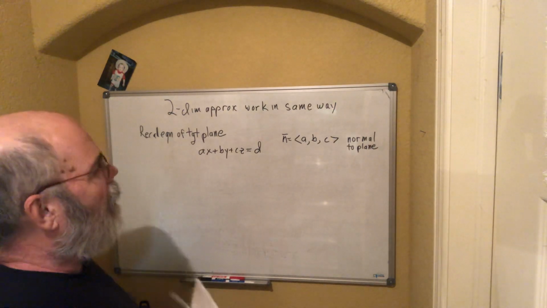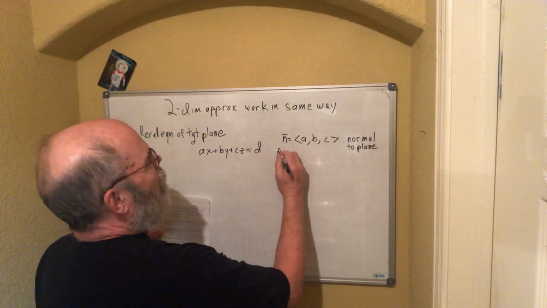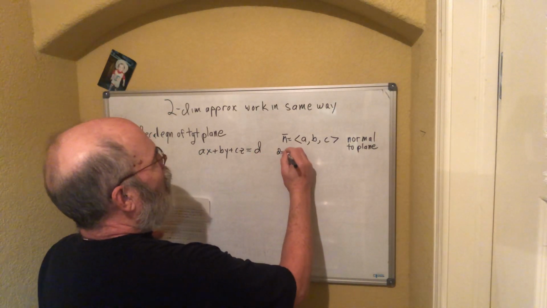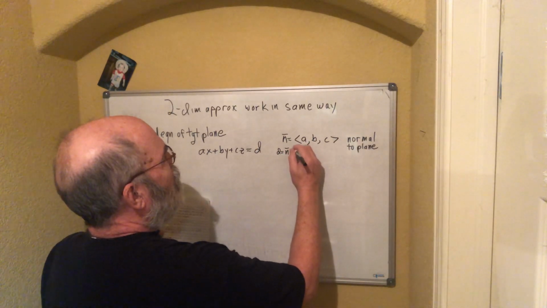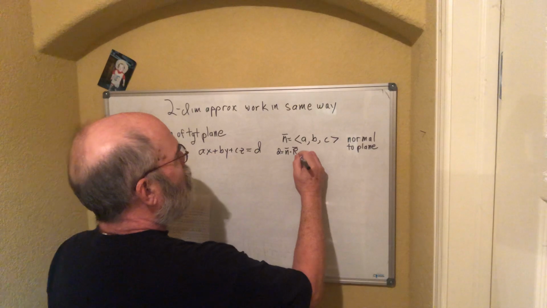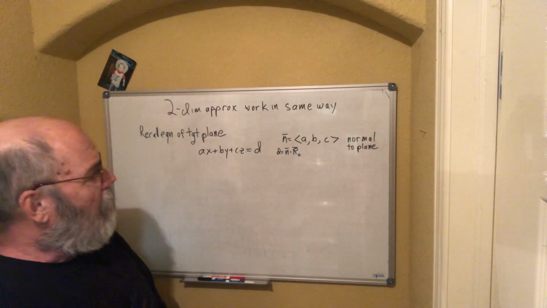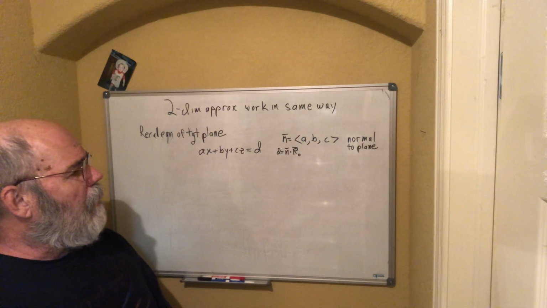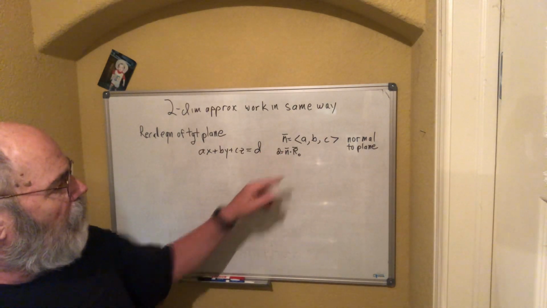That's the normal vector. This number D on the left-hand side, if you recall, was a number, a scalar, that came from the geometry of the plane, where again n is the normal vector.